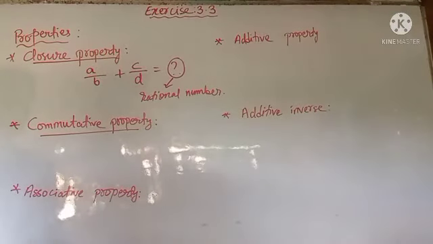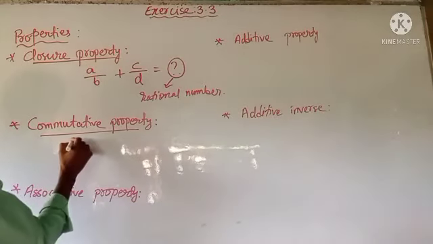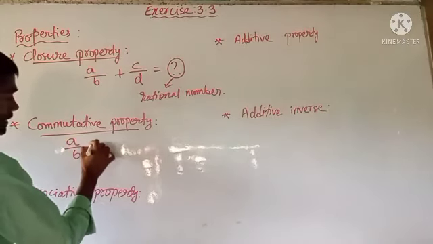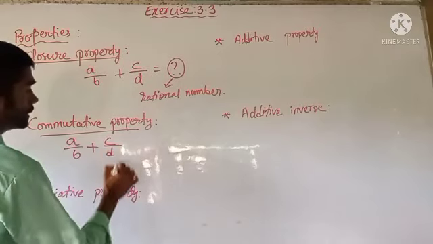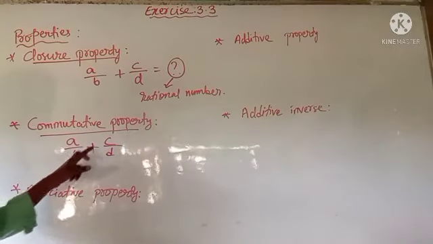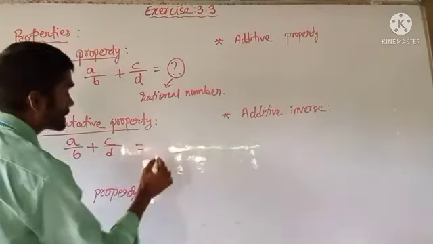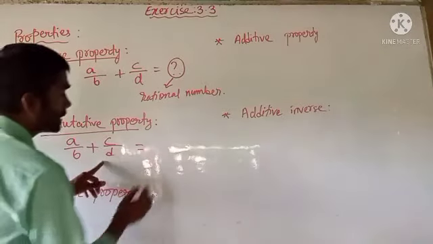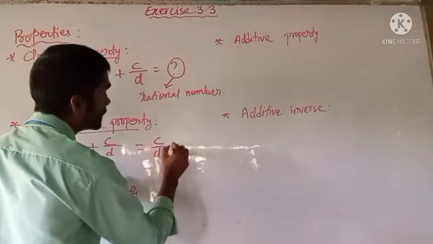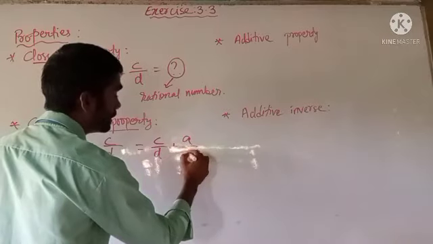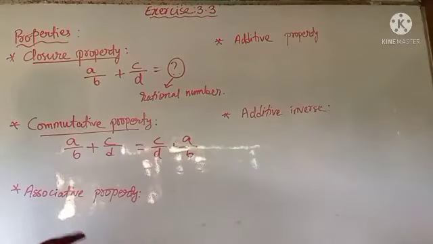This property means that the sum of two rational numbers, that is a by b plus c by d, if we change their places, that means if we write c by d plus a by b, then also the answer is going to be the same.